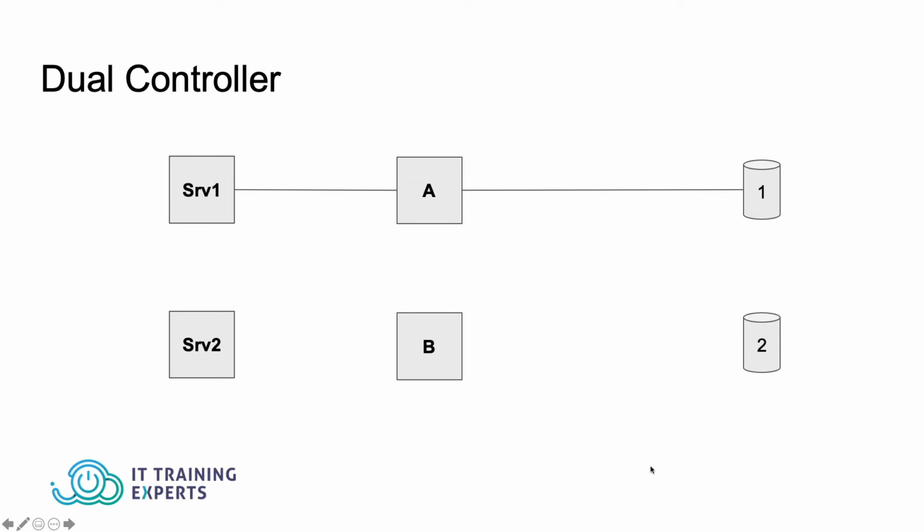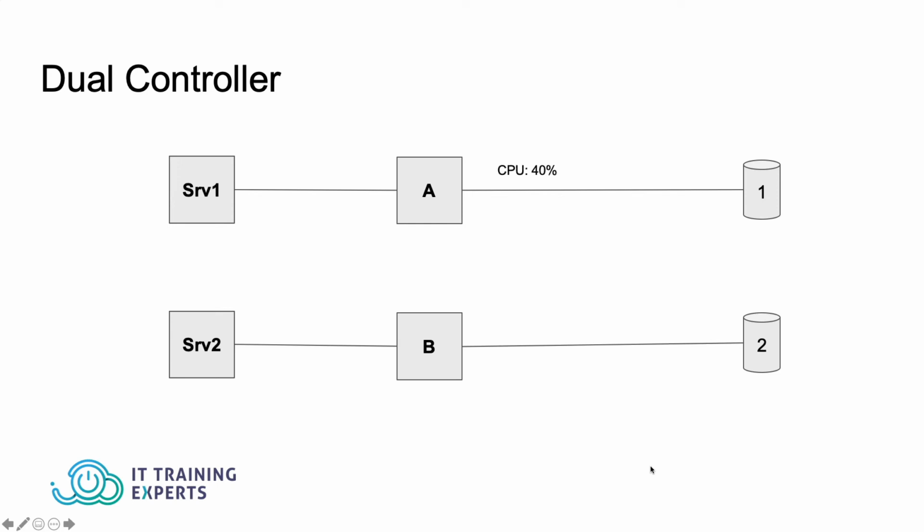Server 2 is independent of server 1, and it's using controller B, accessing volume 2. In this very simplistic way of looking at it, you're doing some level of load balancing, but both workloads are completely independent, and there's no load balancing between server 1 and controllers A and B, and vice versa with server 2. They each are working with their own storage controller.